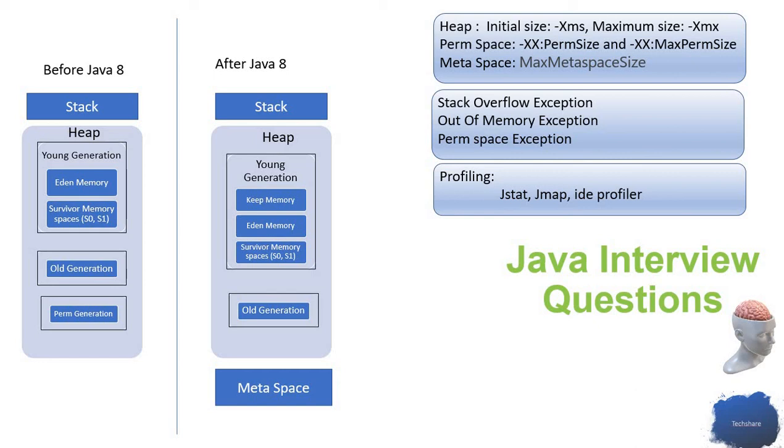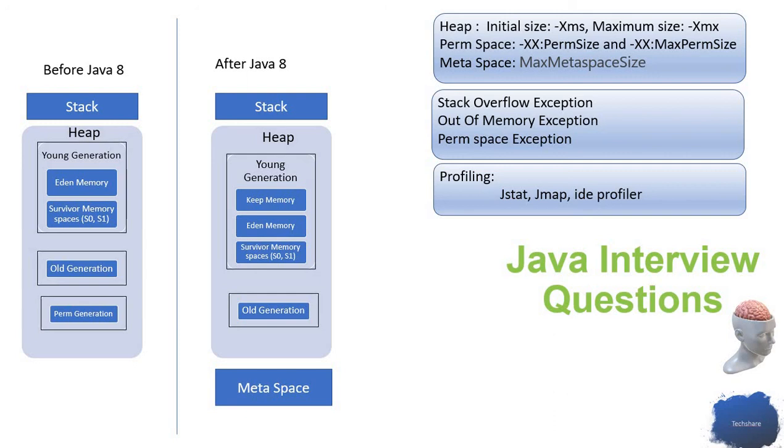That may end up in a memory leak. That's just one example; there may be many other use cases. For example, if you use too many static variables, that can also end up in an out of memory exception. These are different exceptions that may happen because of some unclean code.